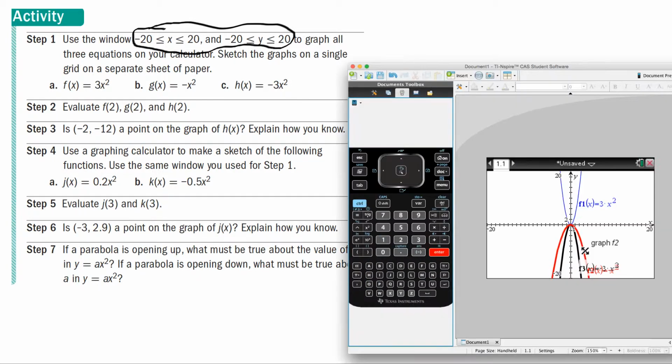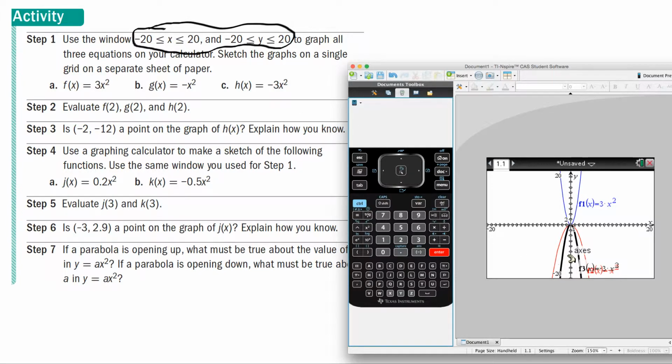Okay, before we go to step 4, I'd like to go back and review these real quick. For the f of 1, we have our graph, and we can see that it opens upward. For the other two, where we have a negative coefficient, they both open downward.